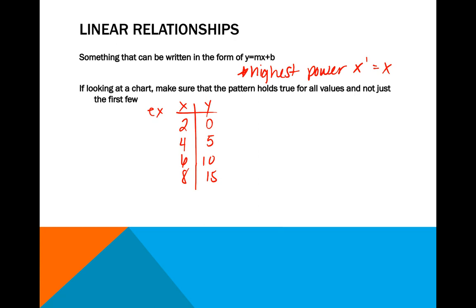That's consistent, so that gives you a linear relationship. But then maybe all of a sudden, at this last point, you only increase by 1 on x, and on y you increase by 5 still. Well, that's not that same slope of increasing 2 for every x and 5 for every y, or 5 over 2. Now you're looking at 5 over 1. So this discrepancy would make it not a linear relationship.